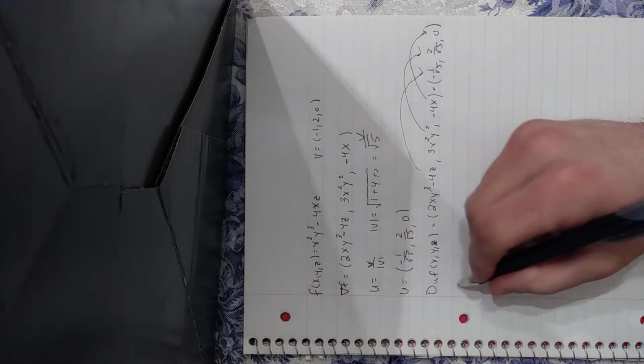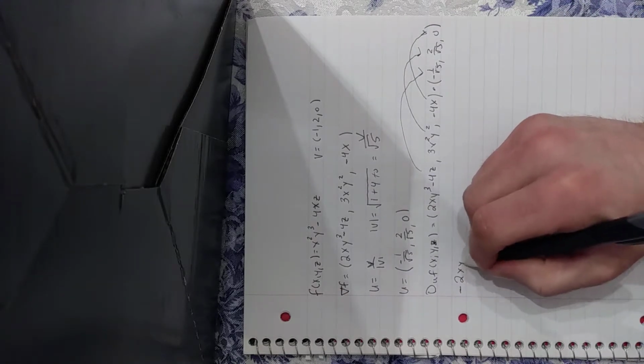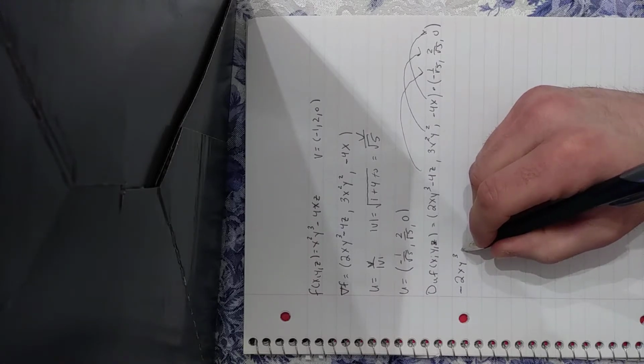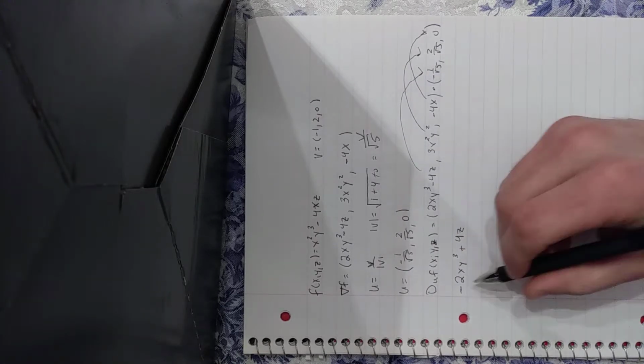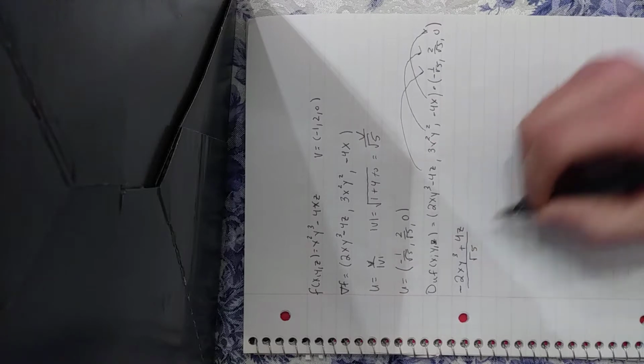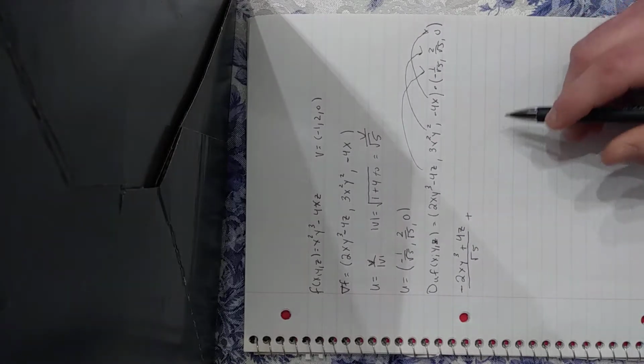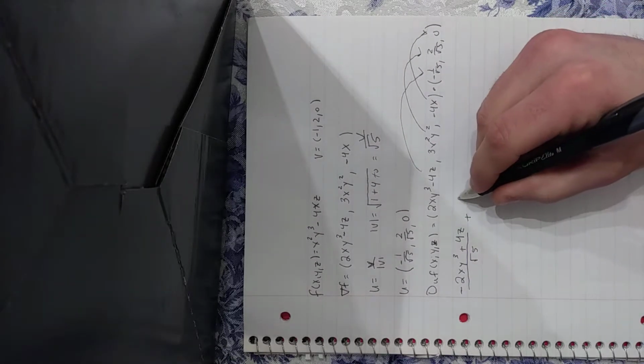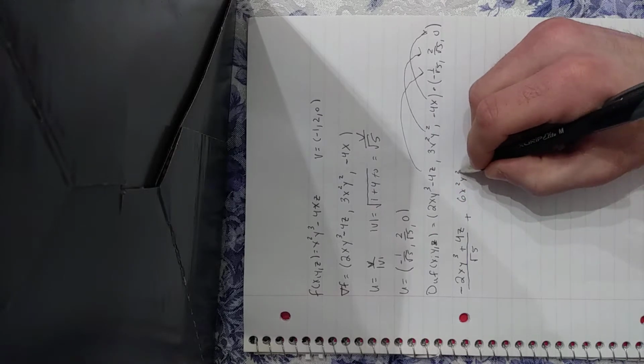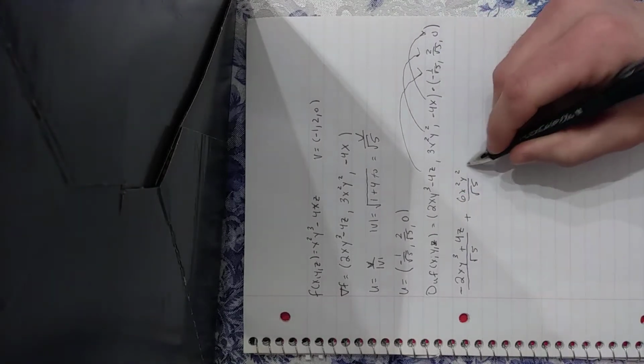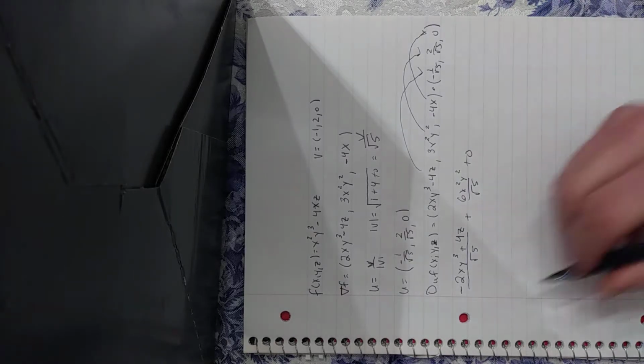So our first part, we're going to have negative 2xy cubed plus 4z all over the square root of 5, plus our second part, we'll have 6x squared y squared over the square root of 5, and our third part will just be left at 0.